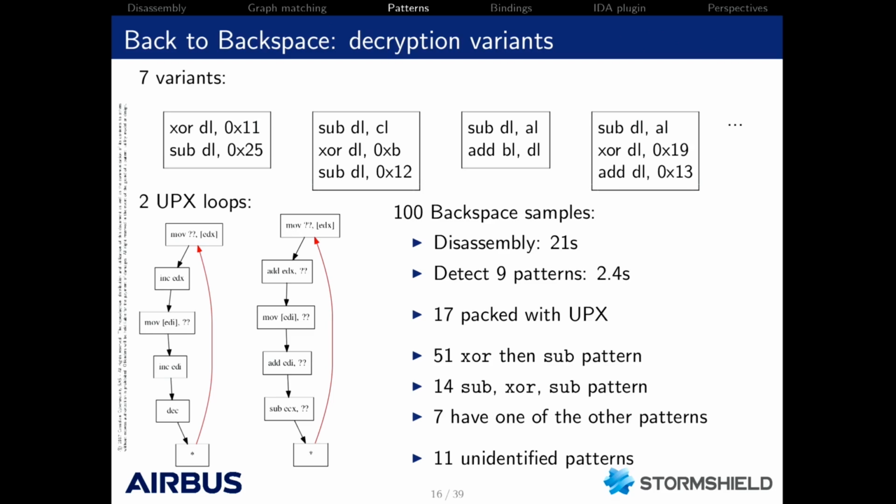Then to do the matching of 9 patterns, it took a little more than 2 seconds. In the end, there are 17 files that are packed with UPX. Half of the samples have the first pattern that we looked at, and the other patterns are used sometimes. In the end, there were still 11 binaries that we did not identify correctly.